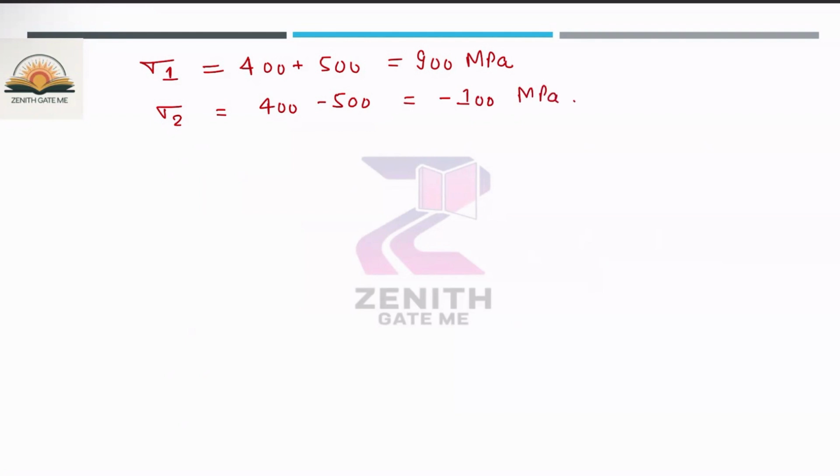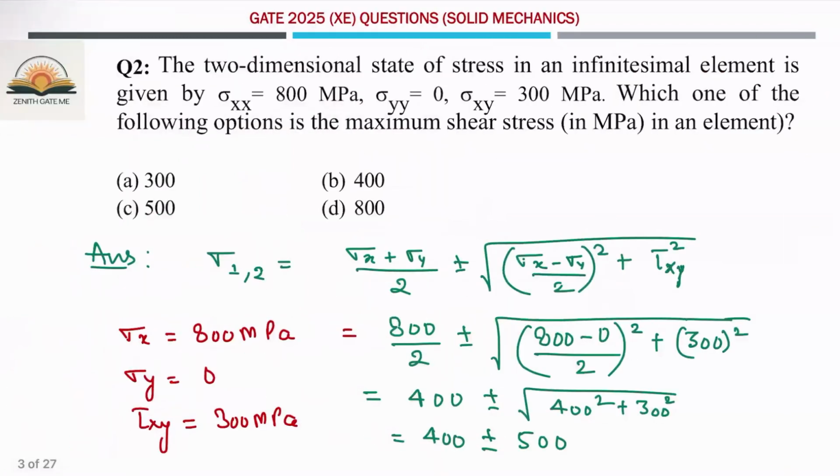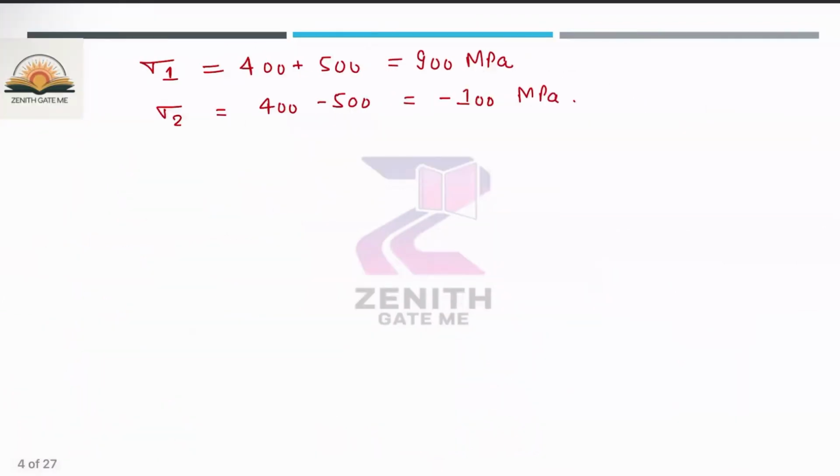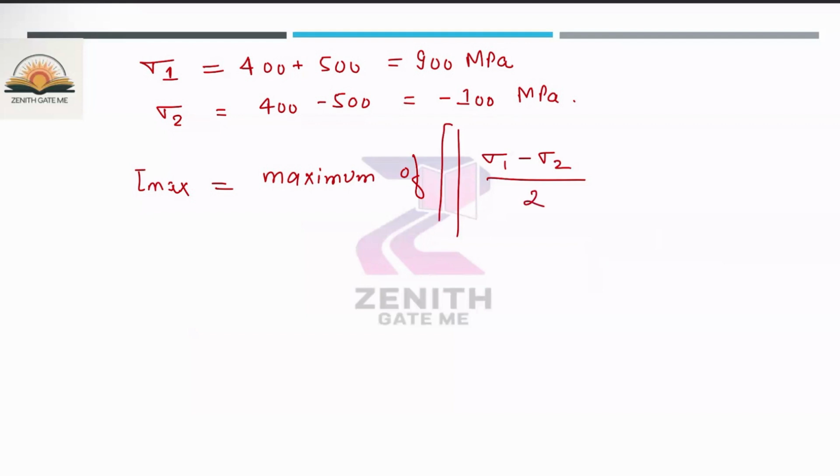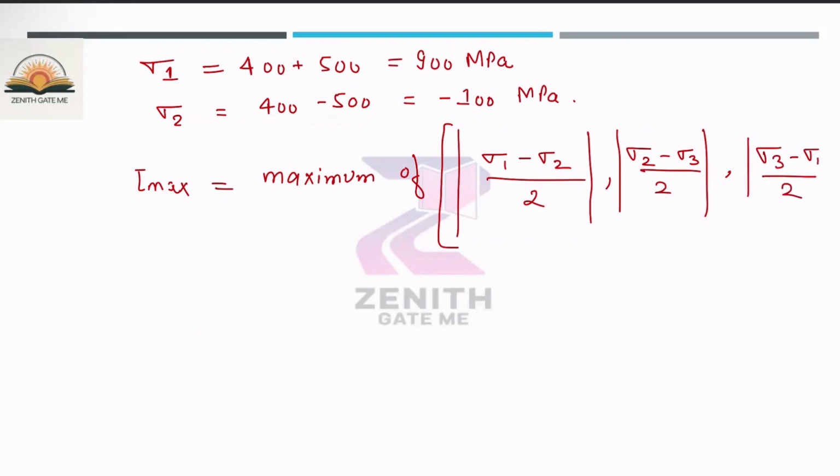But in the question, you have to calculate what will be the value of maximum shear stress in an element. For that, the maximum value of shear stress is nothing but the maximum of (sigma 1 minus sigma 2)/2, (sigma 2 minus sigma 3)/2, and (sigma 3 minus sigma 1)/2.